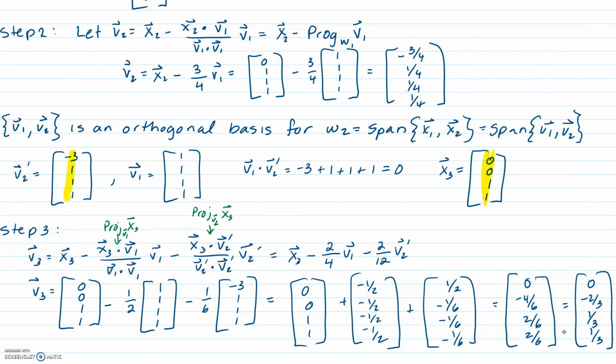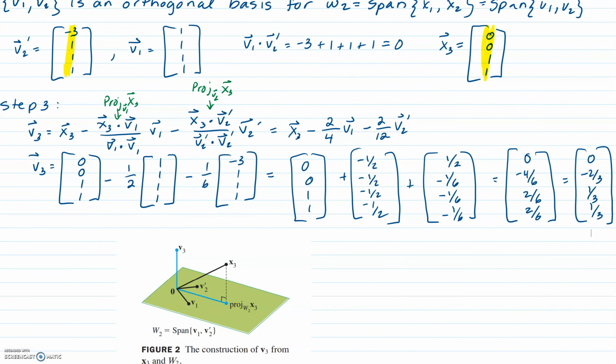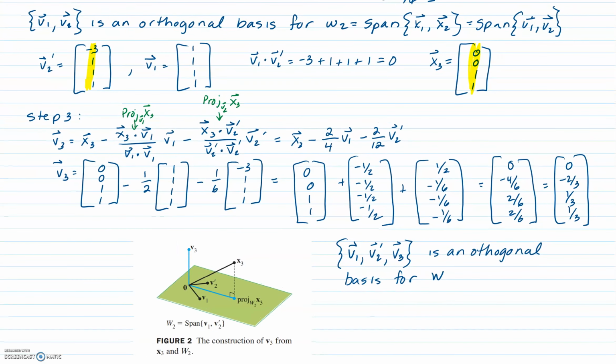That is v3. Therefore v1, v2 prime, and v3 is an orthogonal set, and it's an orthogonal basis for W, where W is equal to the span of x1, x2, x3, and now we know it's also the span of that orthogonal set.